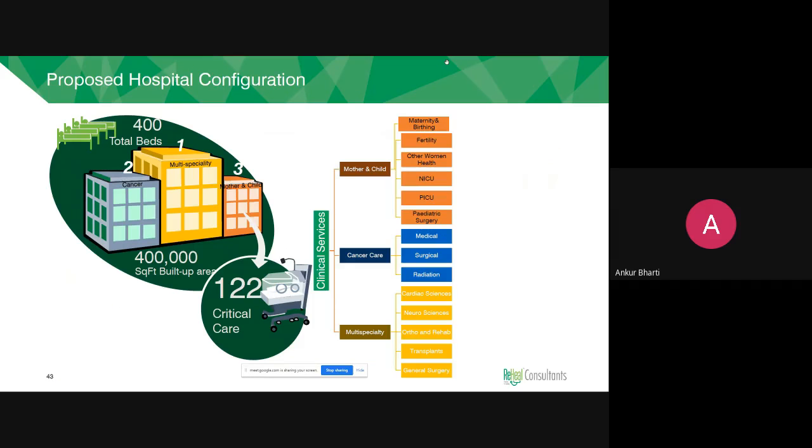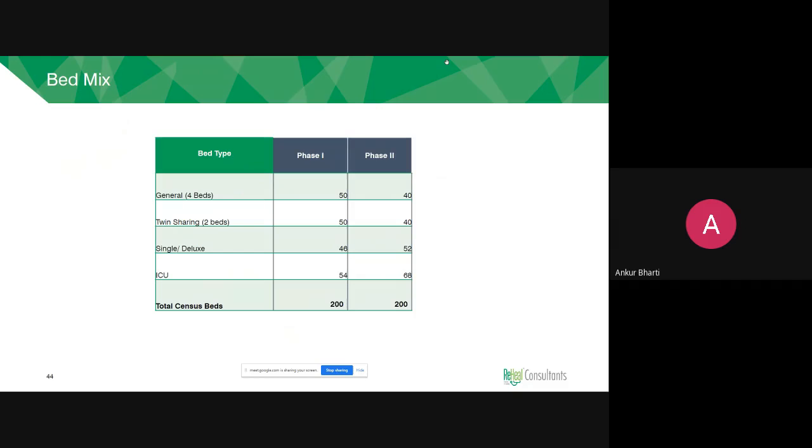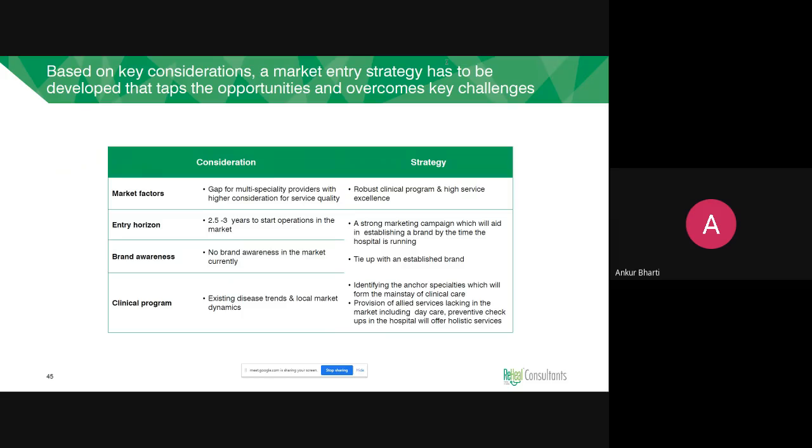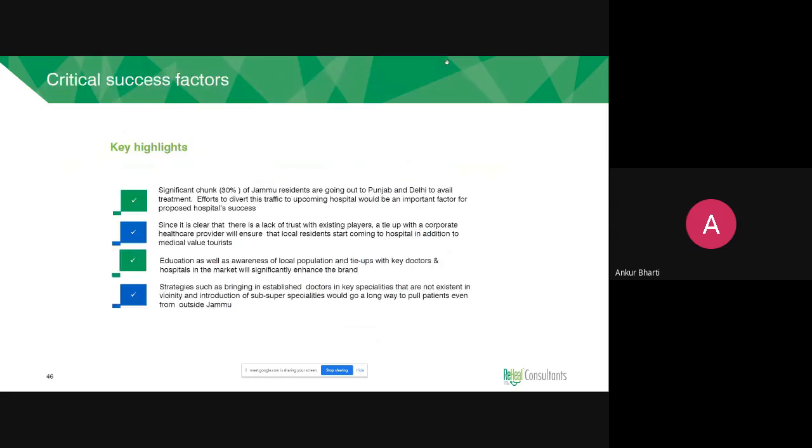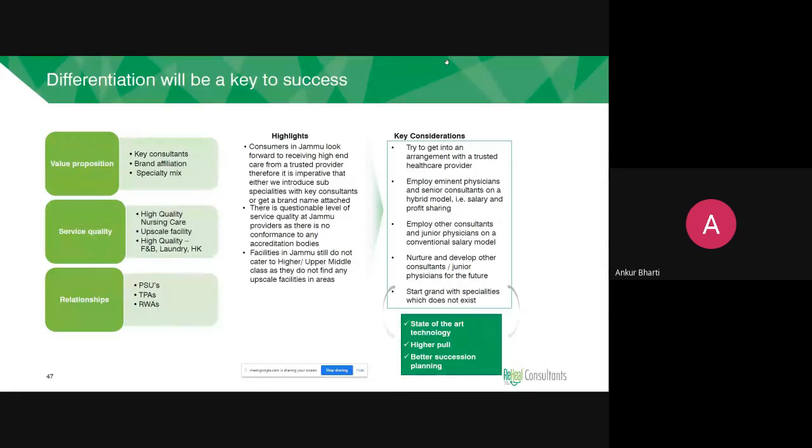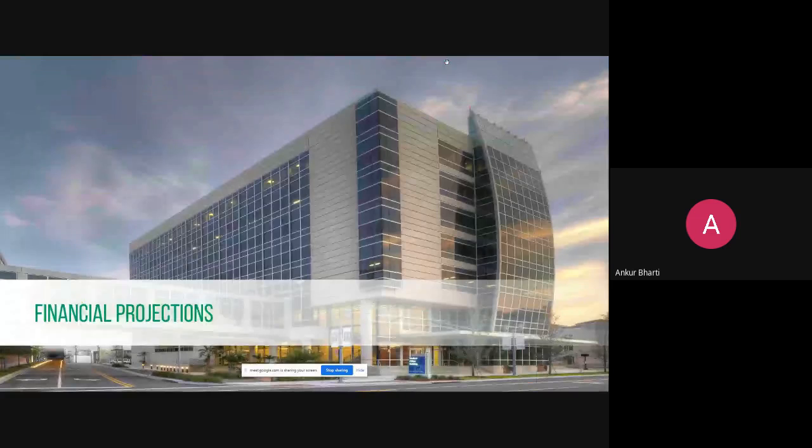So we defined the whole infrastructure of the project and the specialties in this section. 400,000 square feet of built-up area, 400 crores, phasing of each of it. What should be the differentiations between this hospital and others?